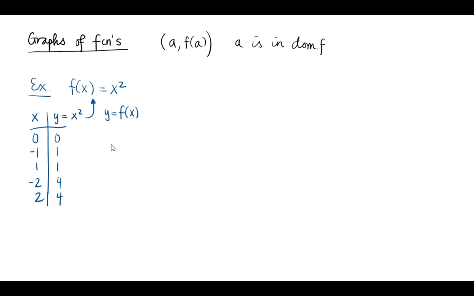Now if you want to graph this on the xy coordinate plane, we have the point 0, 0 from the first row. We have 1, which comes from 1 and also from -1. These two points are 1, 1 and -1, 1, the second and third rows.